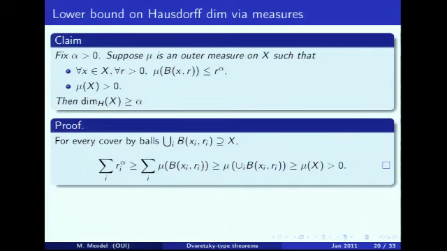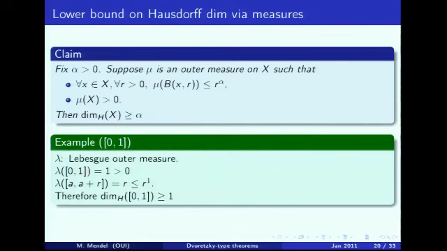By definition, r to the power of alpha is at least the measure of the ball, and by subadditivity, the sum of the measures of the balls is at least the measure of the union, and by monotonicity, the measure of the union is at least the measure of X, because it's a cover, which is by assumption positive. And you see it's bounded below by a positive number independent of the cover. So this proves it.